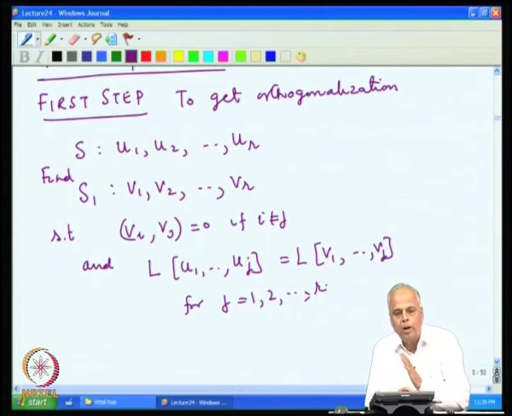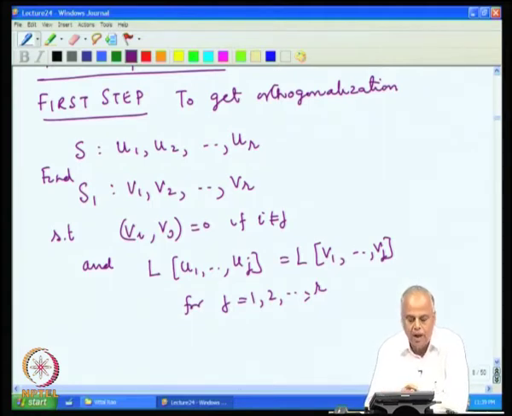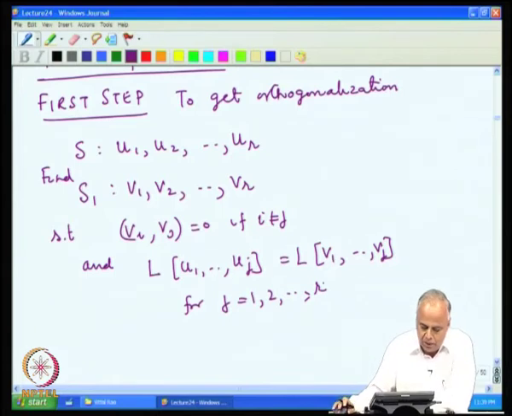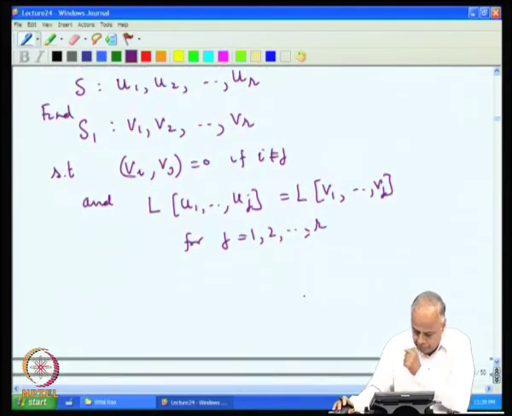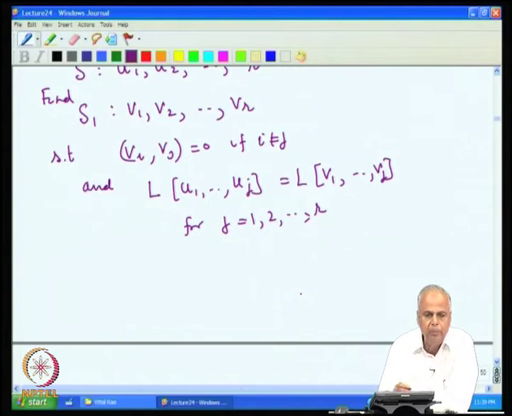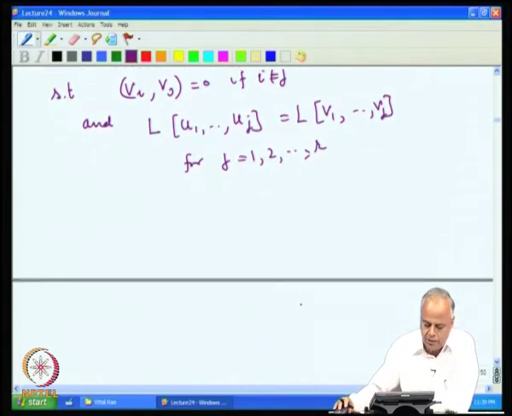So, now we are not worried about normalization, we are only worried about orthogonalization. At the stage when j equals r, when the process ends, we would have got an orthogonal basis: V1, V2, up to Vr will form an orthogonal basis for LS. The way to get this V1, V2, up to Vr is what we will describe now.